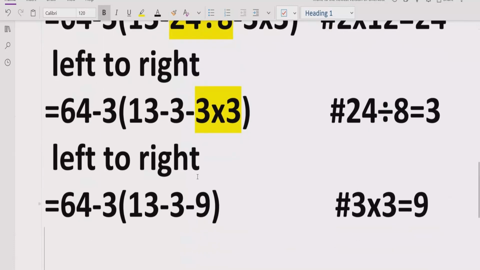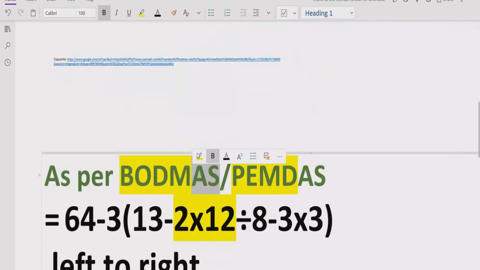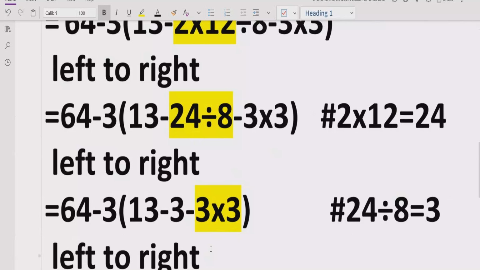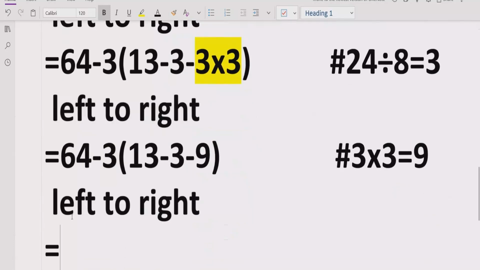Now move forward. We have solved the multiplication and division inside the bracket. Now move forward for addition and subtraction inside the bracket. So we have to go again left to right and find out 64 minus 3. One more thing, we cannot multiply right now. We are not multiplying 3 by this number.